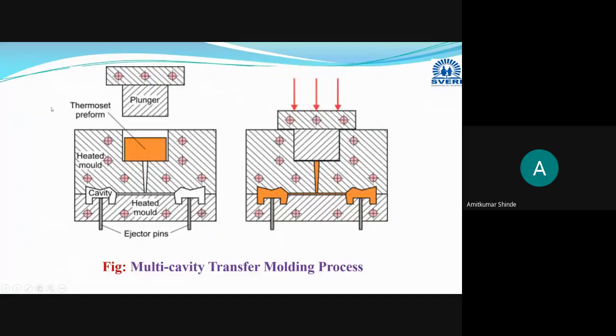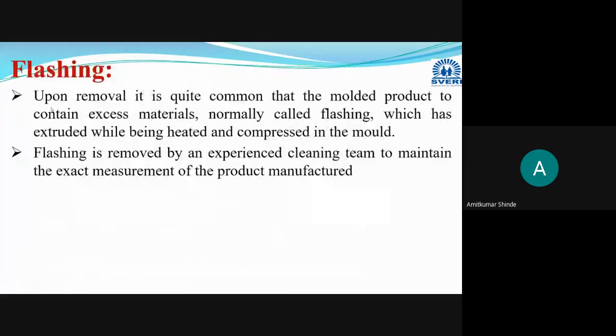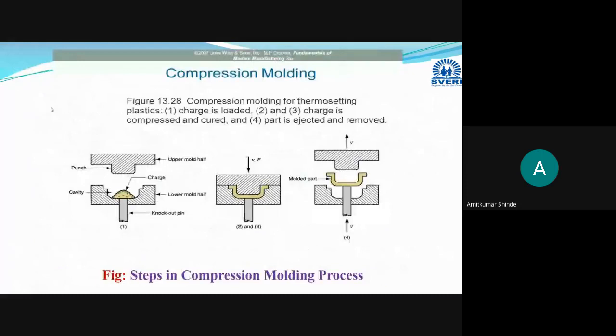In the compression molding process, after applying the pressure, depending on the cavity shape, your product shape will be there. So intricate or complex shaped components are very difficult to manufacture with compression molding, because you have to manufacture that shaped cavity.